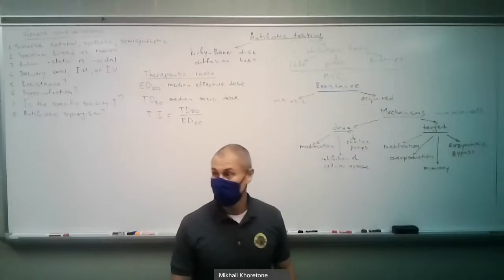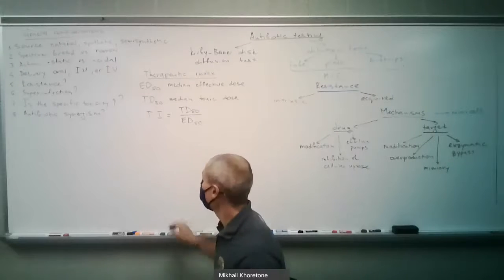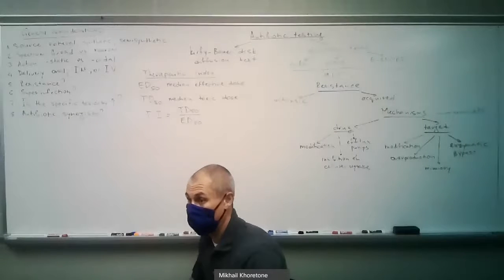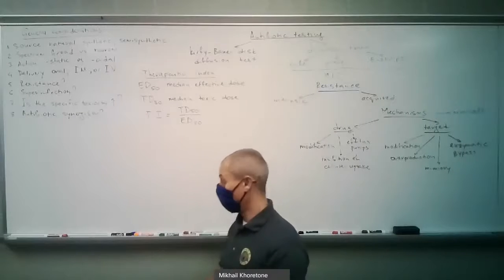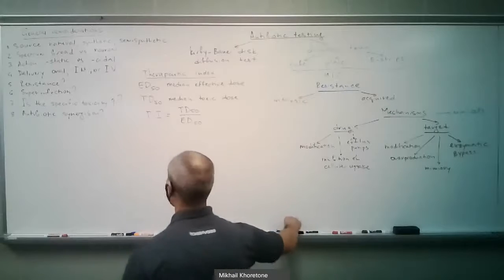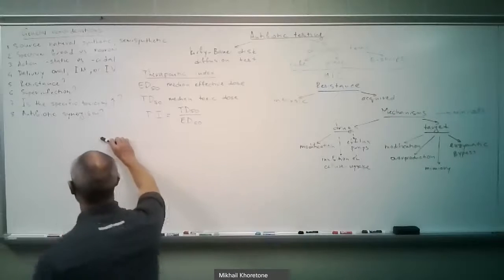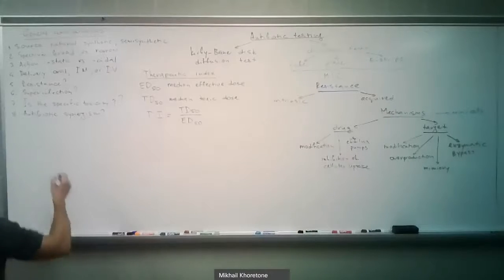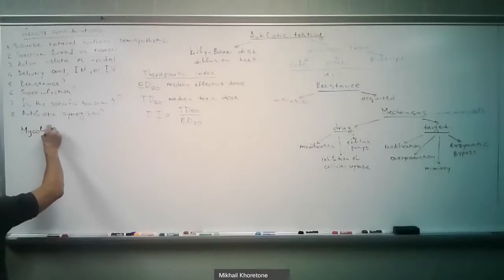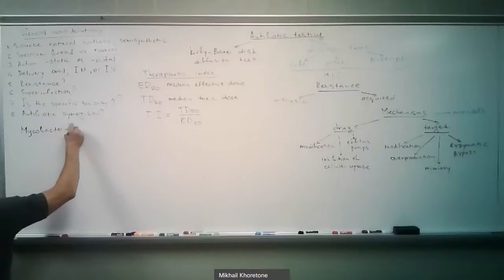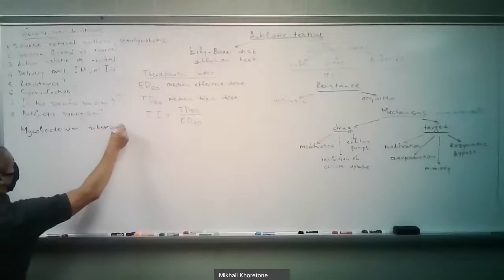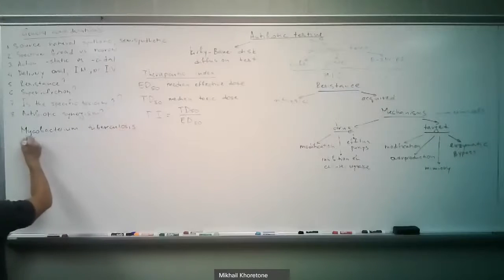Okay. Now, the last bit before we take a break will be about Mycobacterium tuberculosis. And it's a pretty interesting story. I'm going to outline the main features. That's a long name.